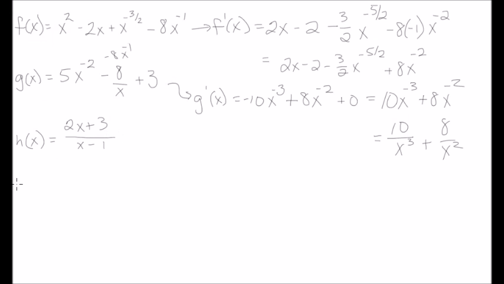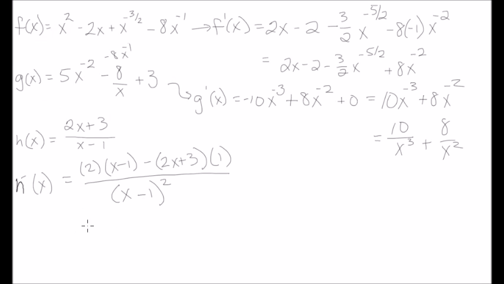For this last one, I'll go ahead and use the quotient rule. Really, either way would work. So the derivative of the function h is going to be the derivative of the numerator, 2, times the denominator unchanged, minus the numerator unchanged, times the derivative of the denominator, over quantity, the denominator squared. So I can multiply everything out here.